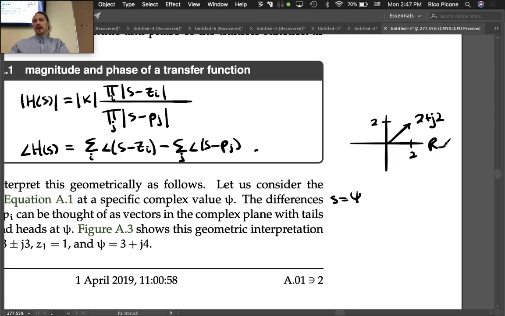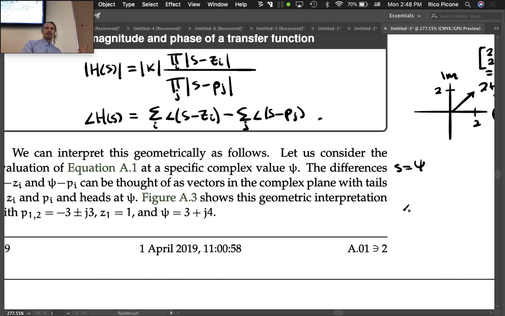This is the real axis, this is the imaginary axis. If you think of that as a vector, equivalent to the column vector 2, 2, then we can do things like vector addition and vector subtraction using complex numbers.